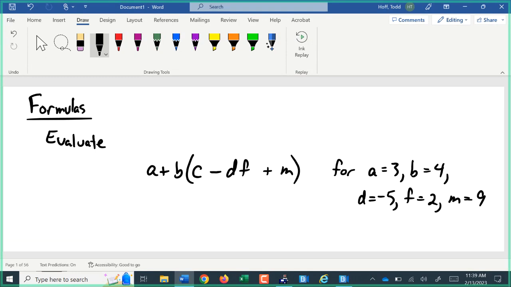What we have to do is substitute those values for those variables into that expression.